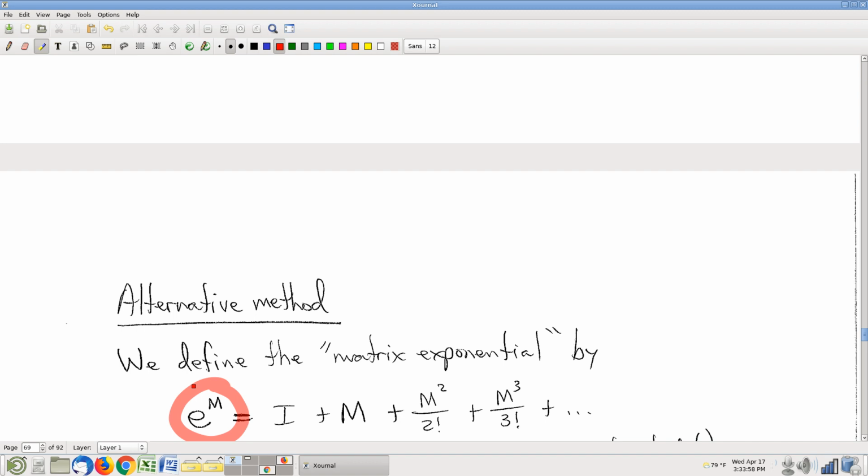I mean, after all, think back to elementary school. Raising a real number to a power means that you're supposed to take that number and multiply it by itself that many times, right? So what does it mean to multiply e times itself a matrix number of times? That doesn't mean anything, right? It's completely unrelatable.